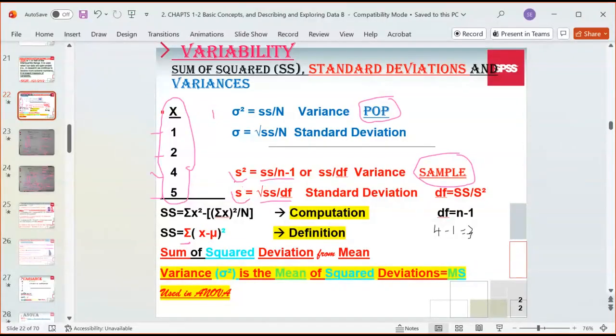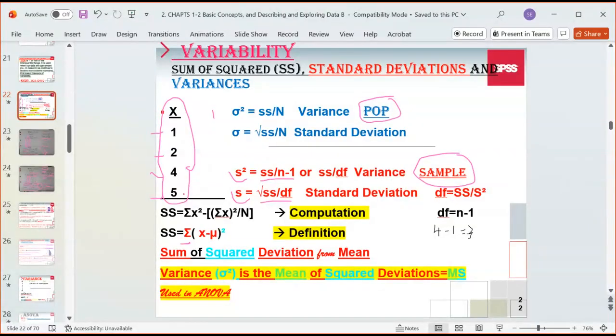At the bottom one, for the sample, the variance, S squared, is SS divided by DF. In this case, our DF is N minus 1. N is 4, because we have 4 scores, and the scores come from people.